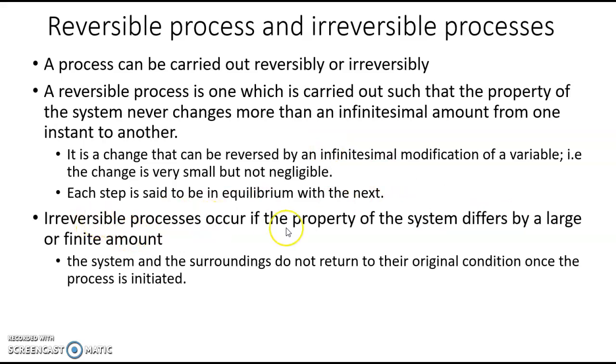An irreversible process, which is usually what occurs naturally, changes the property of the system by a very large amount, and the system and surroundings do not return to their condition once the process is initiated. So reversible is a very slow process, and irreversible is a very fast process.